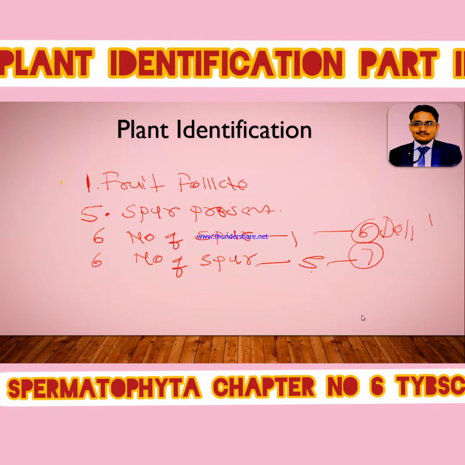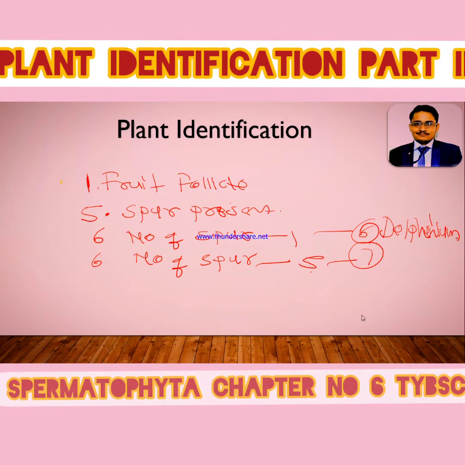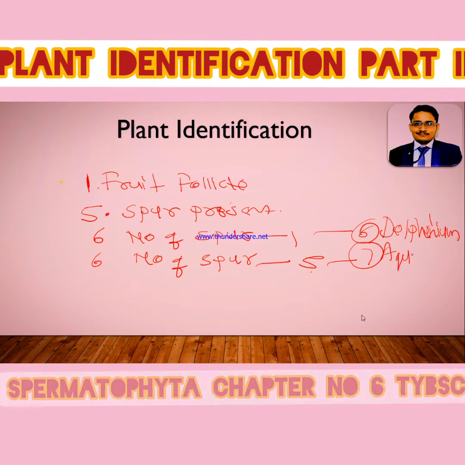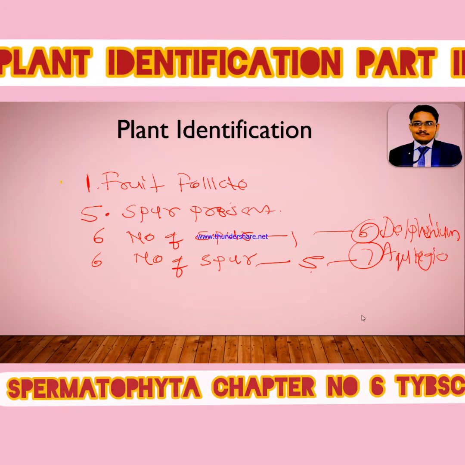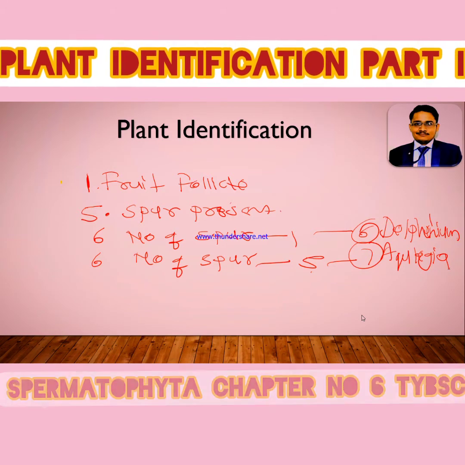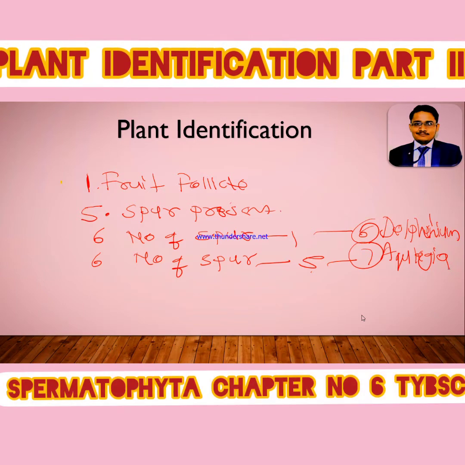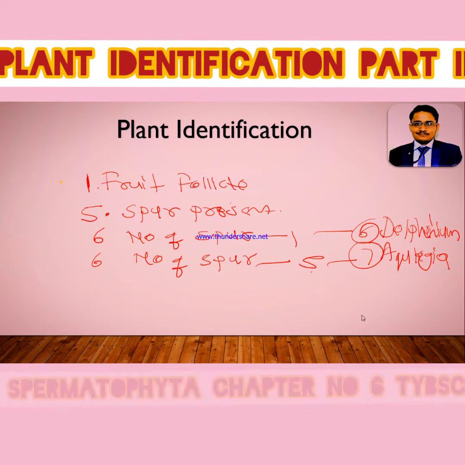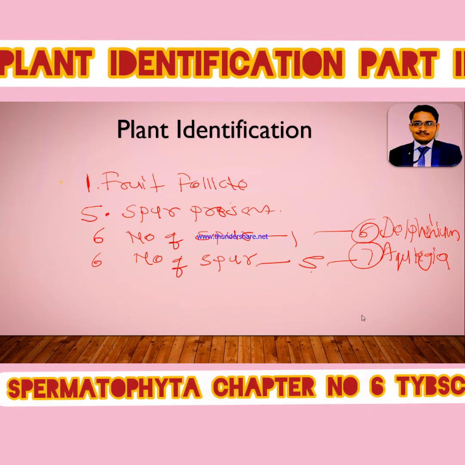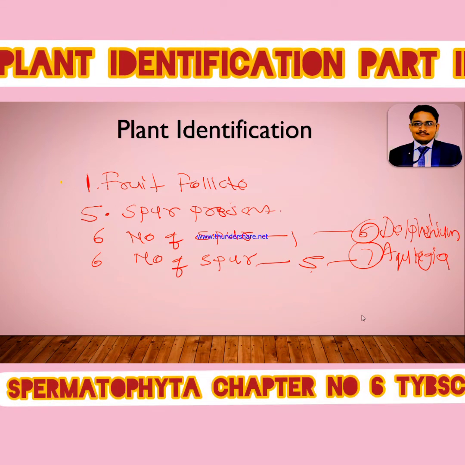Species number 6 is Delphinium and the other is Aquilegia. Don't worry, you only have to remember this chart. When we are doing the practical, the flora is available. But now we are understanding how keys work. For that purpose, I am explaining these species.